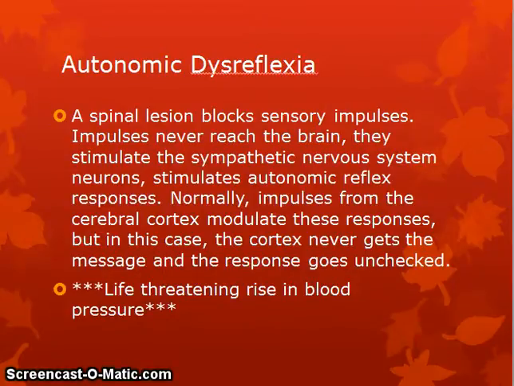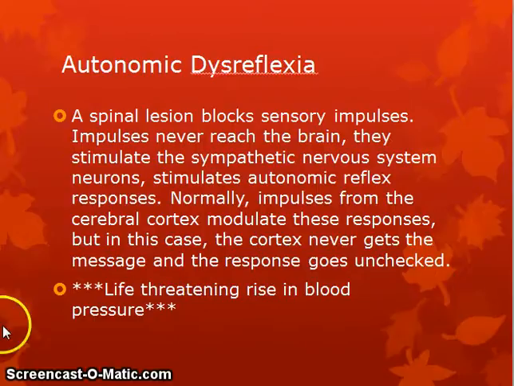Some noxious stimuli is just hitting the spinal cord because it's triggering responses. So for instance, things like their clothes are on too tight, below the level of the injury. They have ingrown toenails. They have a bed or pressure ulcer that's causing pain to them, right? They can't feel the problem, right?